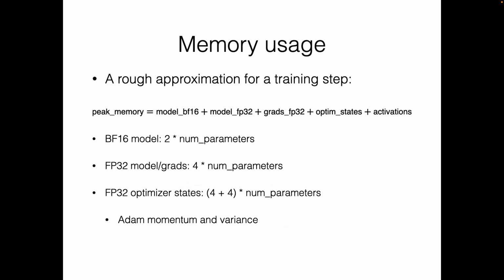So here's another approximation. We could consider how much memory is being used. Here we have this equation with 5 different terms. This maybe requires some background to talk about.